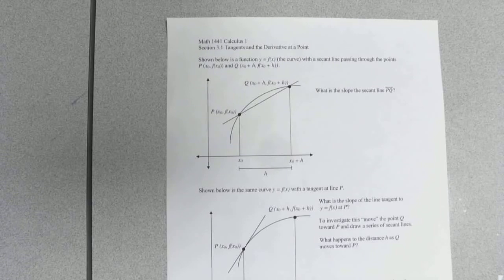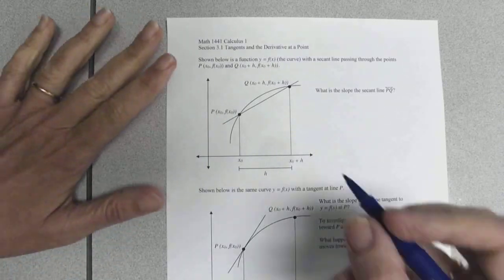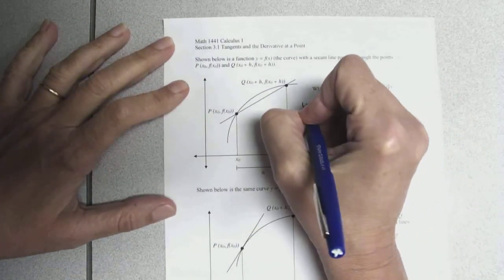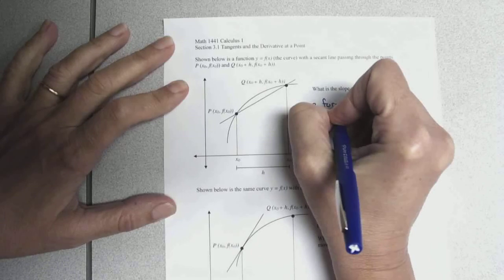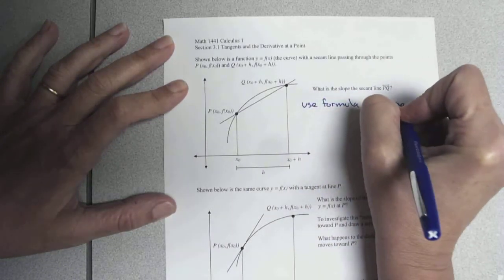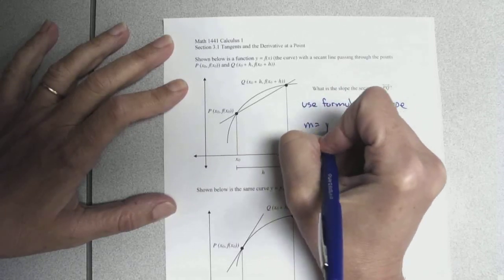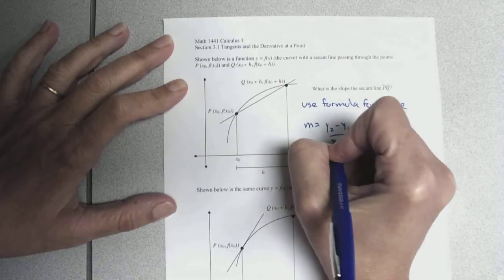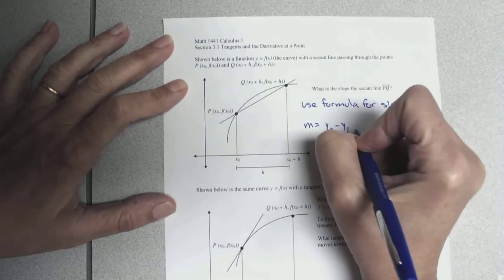And so then the question I have off to the side is, what is the slope of the secant line PQ? Well, that's easy. That's just algebra. We could just use the formula for slope. The formula for slope is y2 minus y1 over x2 minus x1.